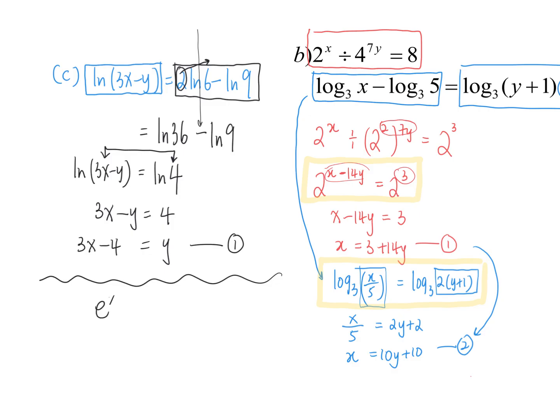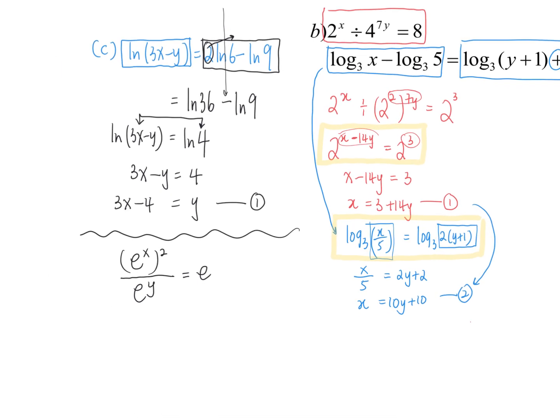Second one, this is what they give me. Same thing, I will apply the indices law. This is e to the power of 2x, and when it's over, it's divide. If there's no power there, it means it's 1. So what can I do to this? Subtract the power, so 2x minus y.